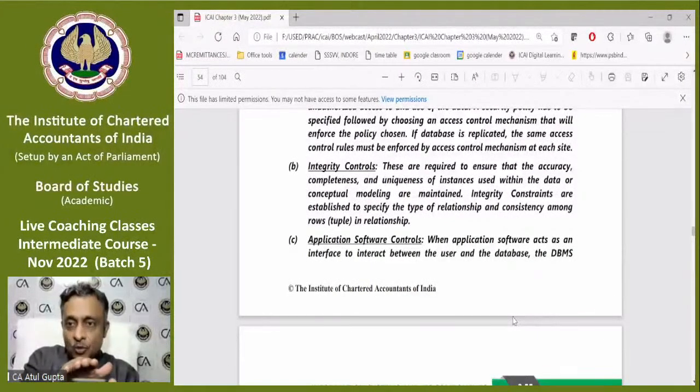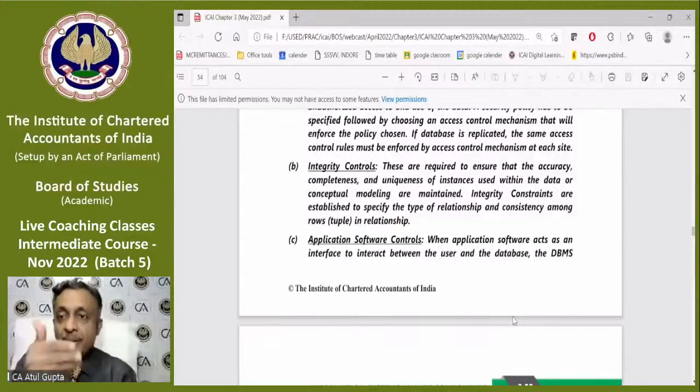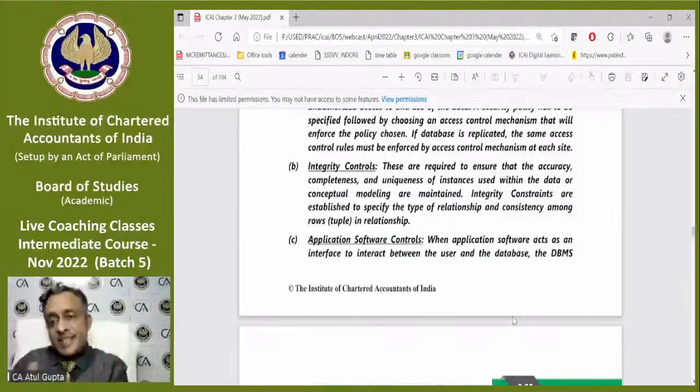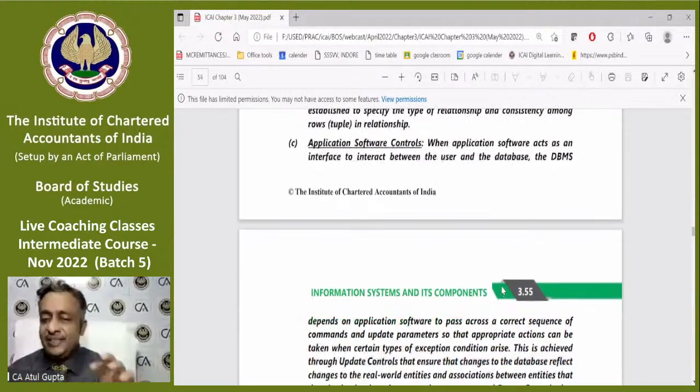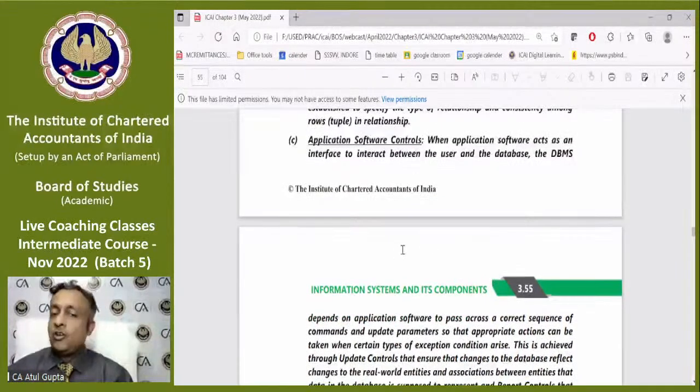This application program accesses database management system. The database management system has data. So it accesses that data, converts it into information. That becomes your output. Now, when you say application software control relating to database, because this application is going to access database, it must not be able to hit the integrity of database. That is exactly what is being talked about.